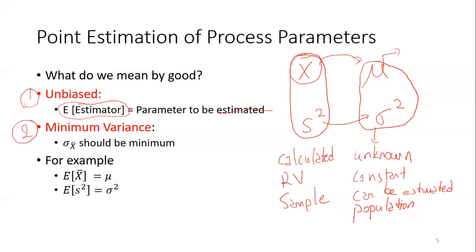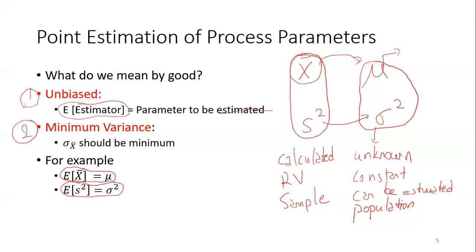So how do we show this? Well, for example, x bar is a point estimator for mu, and its expected value is equal to mu. Okay, so what does this mean? This means that x bar is an unbiased estimator of mu. And the expected value of s squared is equal to sigma square. What does it mean?